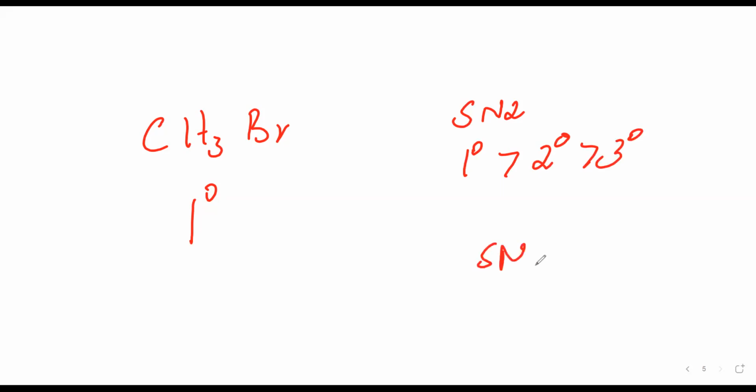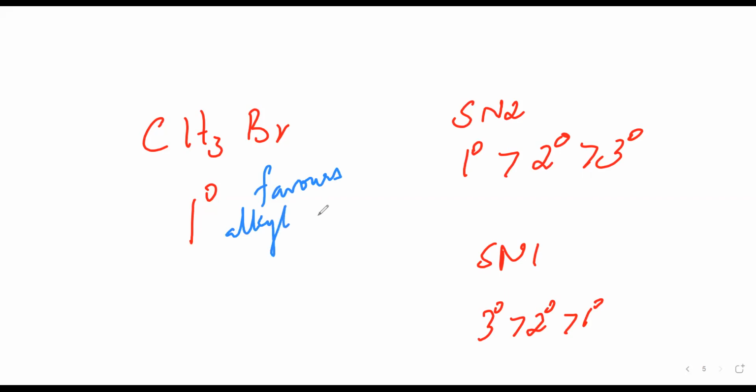In the SN1 mechanism, tertiary is greater than secondary greater than primary. So SN2 mechanism favors primary alkyl halides. That's all. So our option is SN2 mechanism.